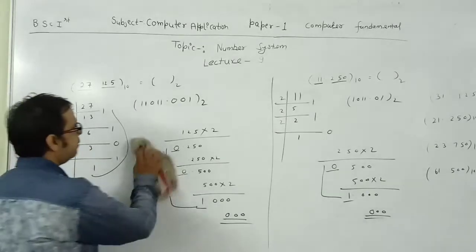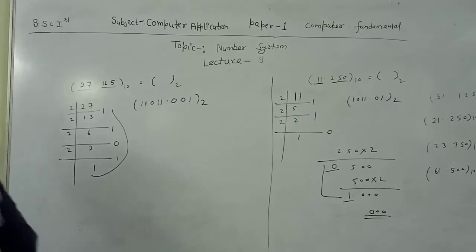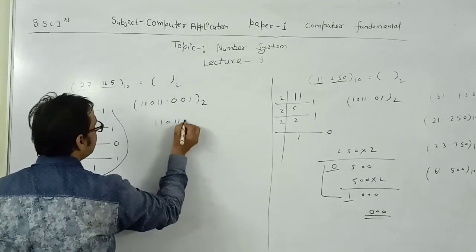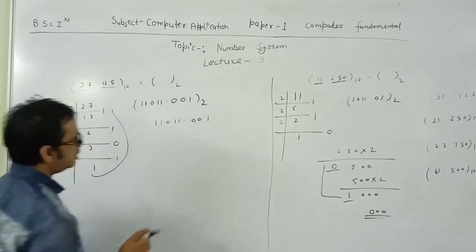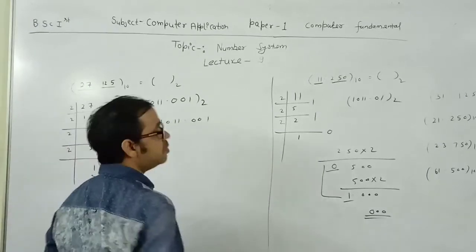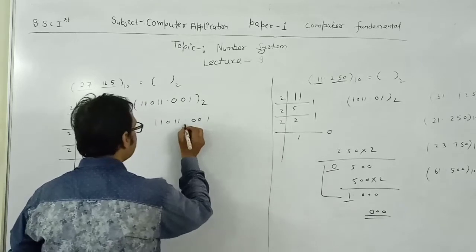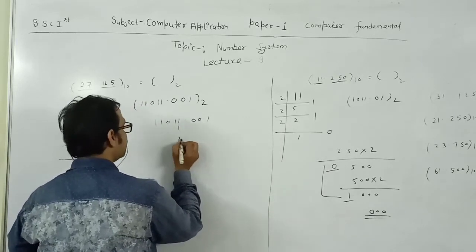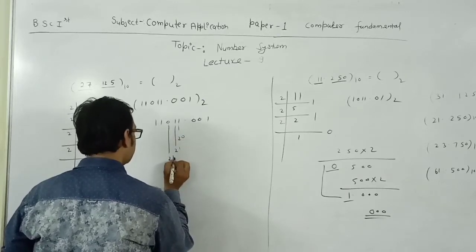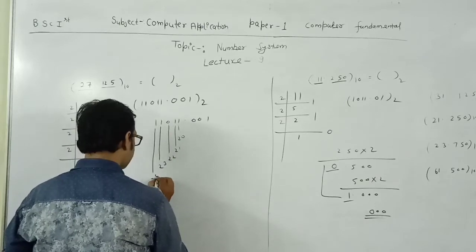Now I will take the number 11011.001, and I want to convert this number into decimal. So take the power of its base. This is 2 power 0, this one 2 power 1, this one 2 power 2, this one 2 power 3, and this one 2 power 4.